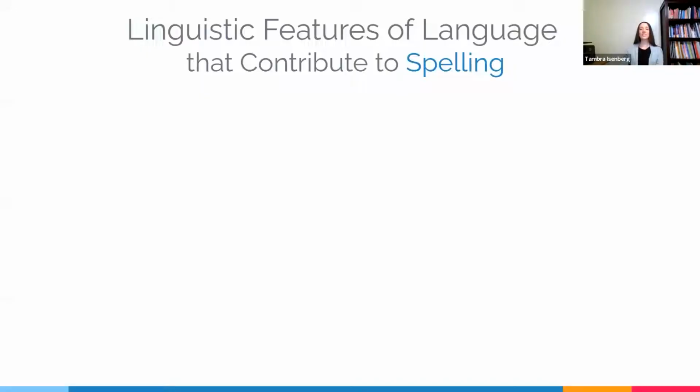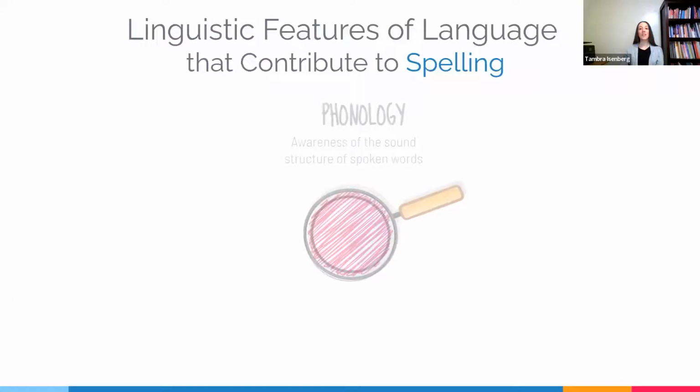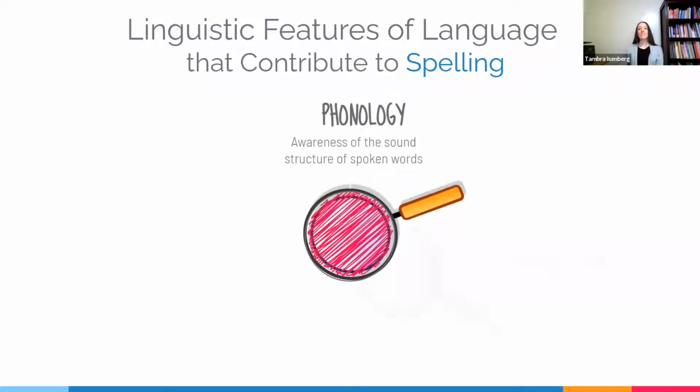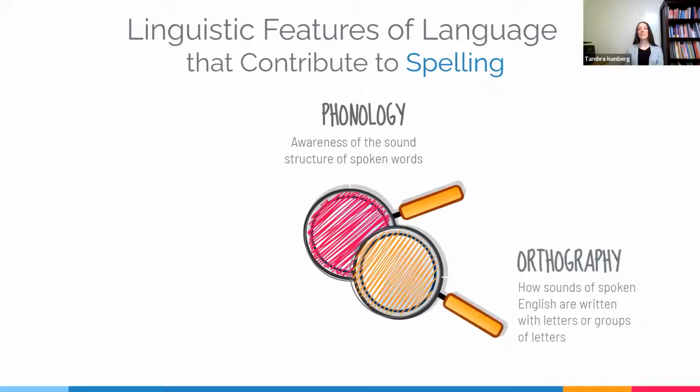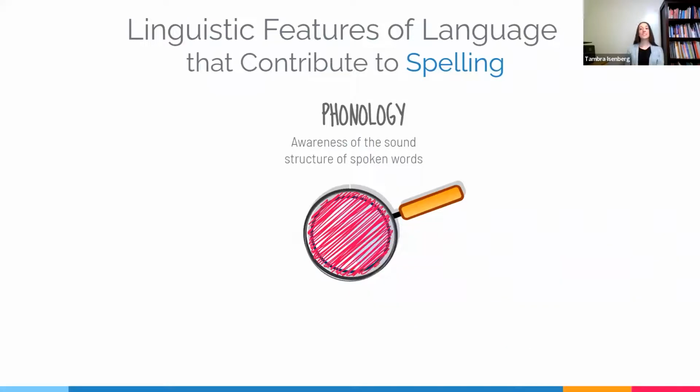So the linguistic features of language that contribute to spelling can be thought of as 3 different lenses. The phonology lens, we can determine a student's awareness of the individual phonemes in words, the number of phonemes that they can hang on to and the sequence, and whether they have any phonological confusions that are going to need addressing. There's a strong predictive relationship between phonemic awareness and learning to read in an alphabetic writing system.